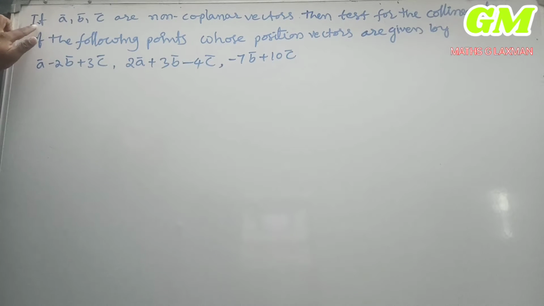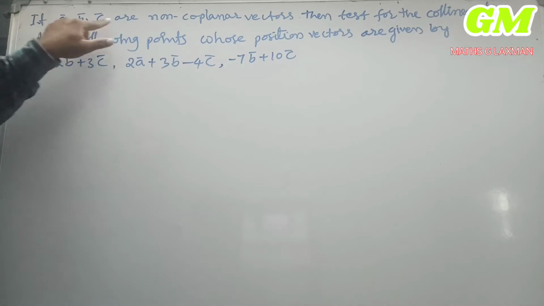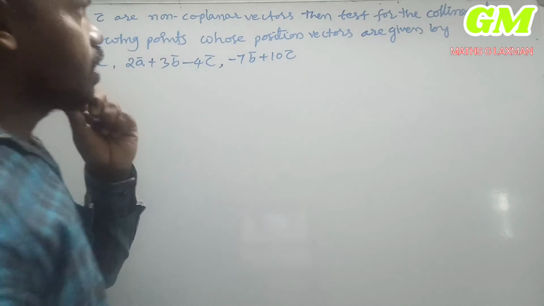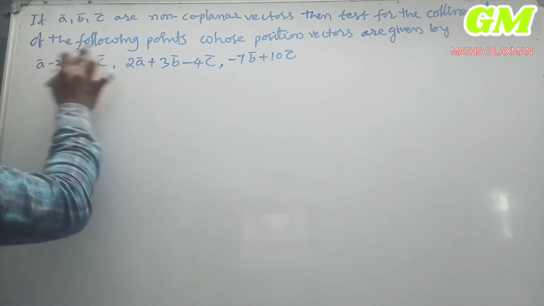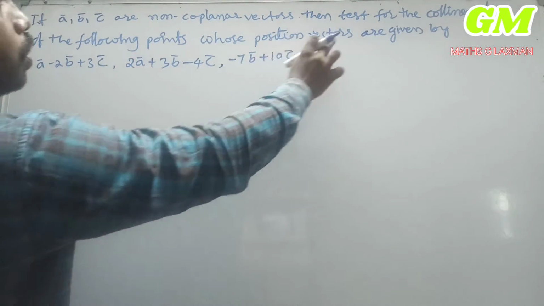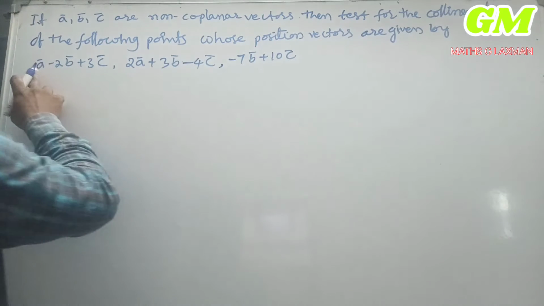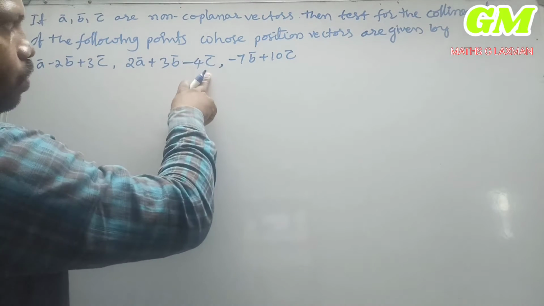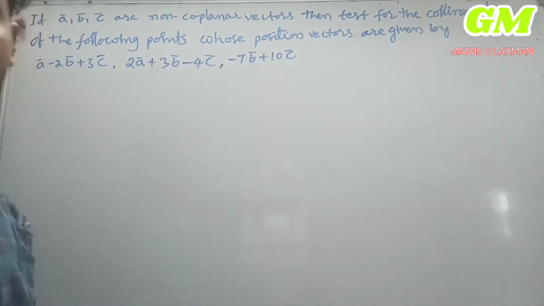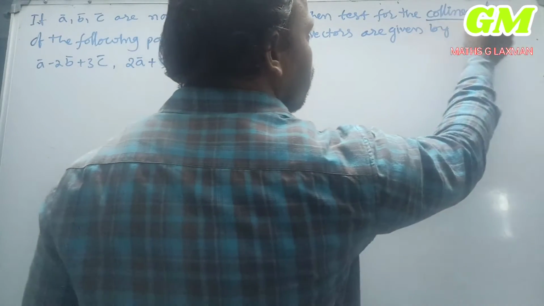So the question is, if a, b, c are non-coplanar vectors, then test for the collinearity of the following points whose position vectors are given by a minus 2b plus 3c, 2a plus 3b minus 4c, minus 7b plus 10c. So we need to check collinearity.